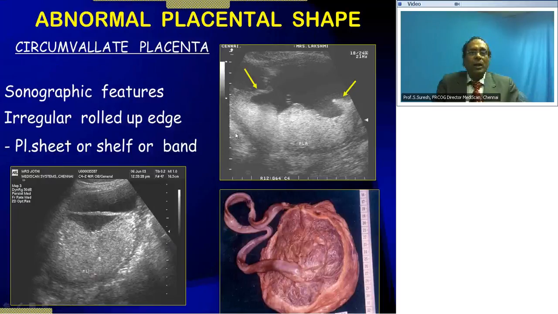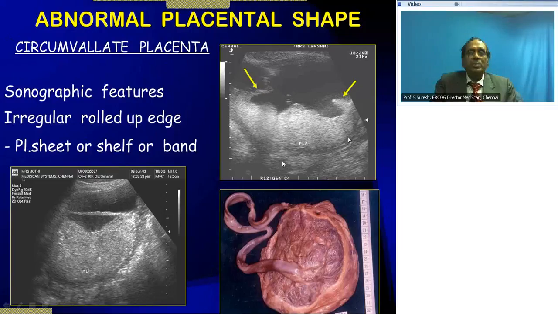Now when you look at abnormal placental shape, one thing that comes to our mind is circumvallate placenta. The ability of ultrasound to diagnose circumvallate placenta is quite poor. More than 50% of circumvallate placentae will be diagnosed only after delivery, and this occurs because the chorionic plate and the basal layer are growing differentially, and because of that the edges of the placenta get rolled up, as you can see, forming almost like a sheet or a shelf or a band.